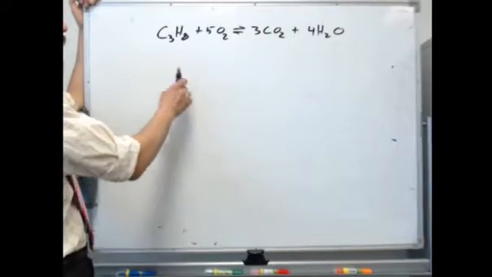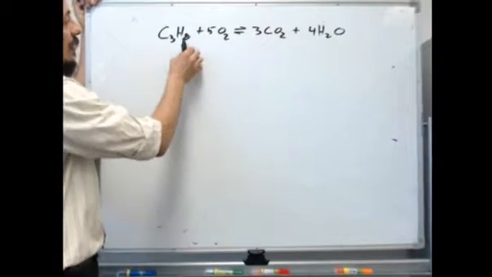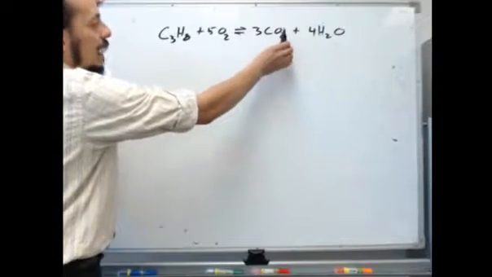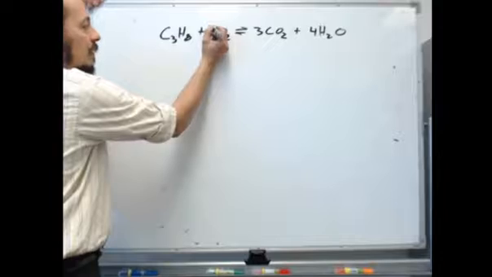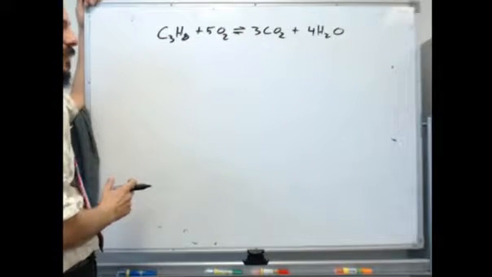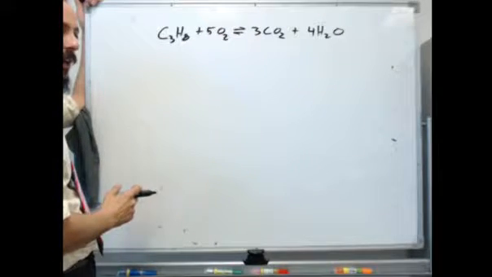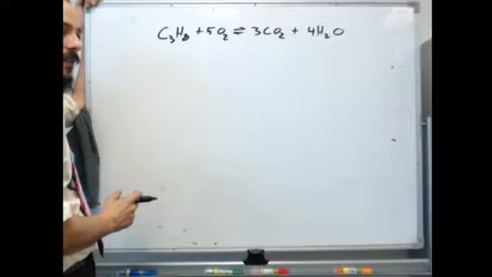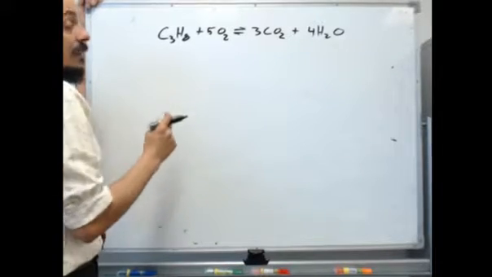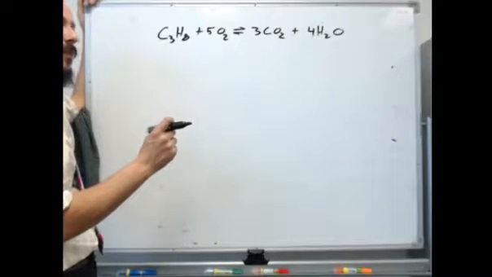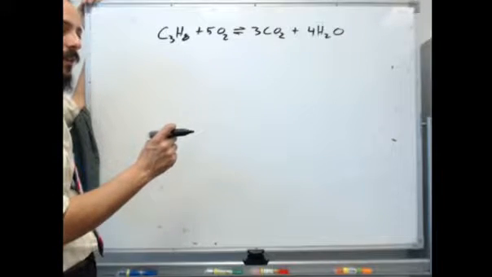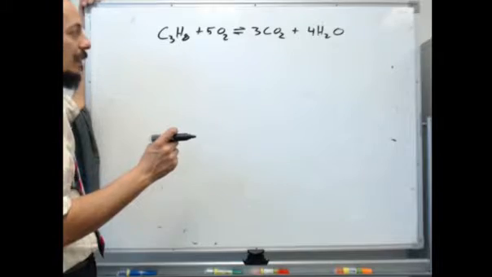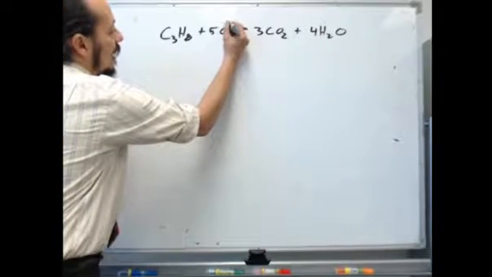So you'll notice you've got 3 carbons, 8 hydrogens, and 10 oxygens, so this is all balanced. How can we tell that this is a redox reaction? Something's oxidizing or gaining. How do we tell whether something's oxidizing or reducing?